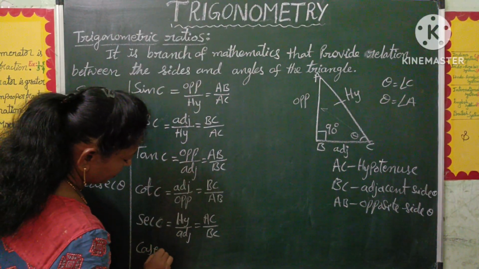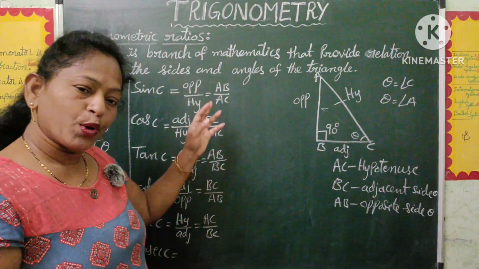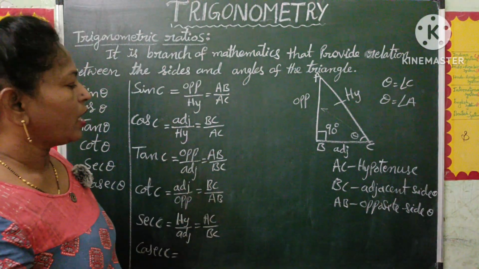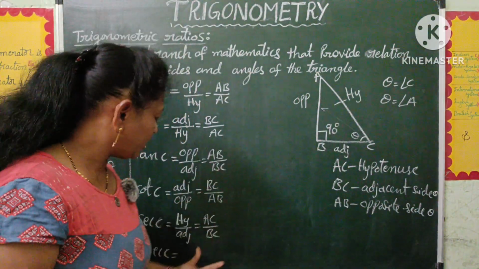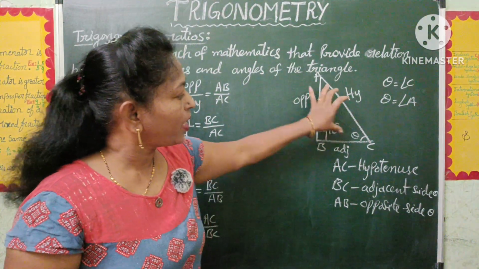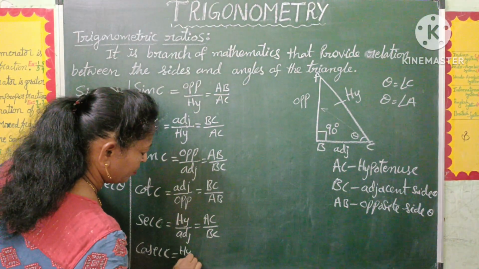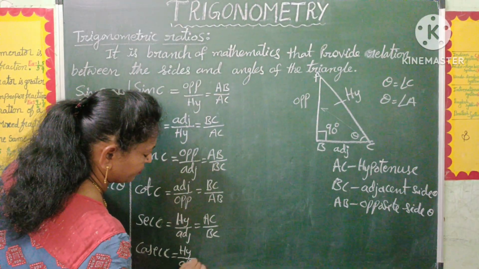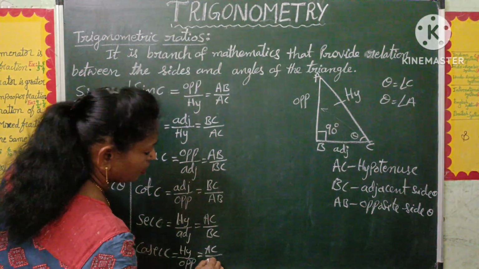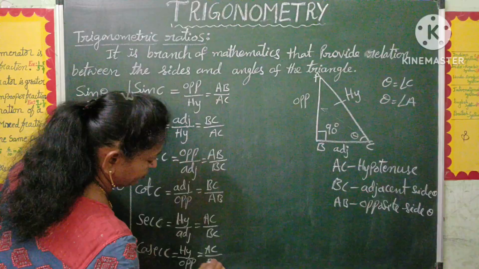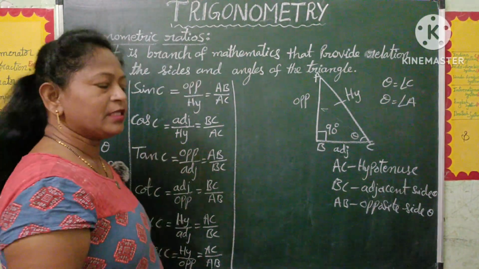Next, cosecant theta, cosecant C. Cosecant is the reciprocal of sine. Sine is opposite to theta by hypotenuse, so cosecant is hypotenuse by opposite. Hypotenuse is AC and opposite is AB. These are for the angle at C.